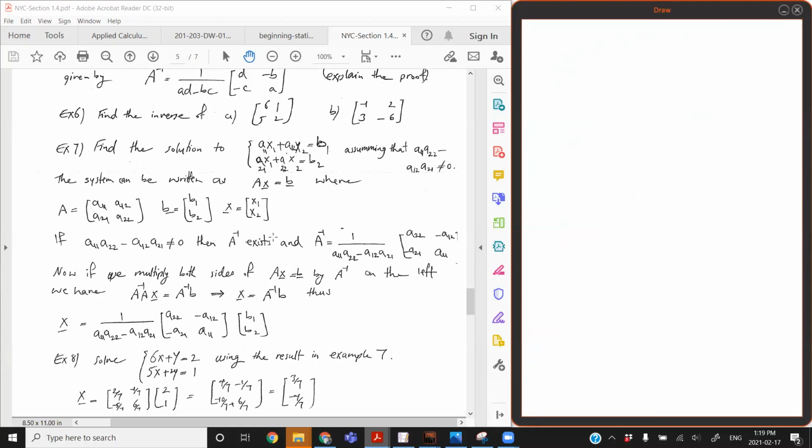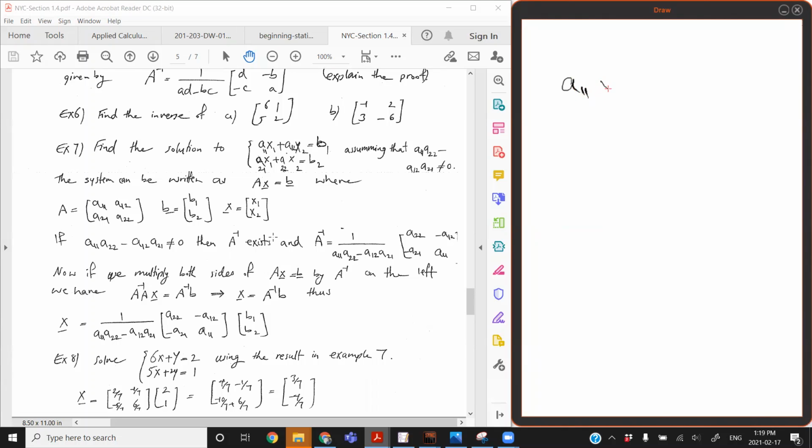So in general, if you have something like this, let's say ax plus by is equal to, let's say, c. Let me just use the one that's indices like this.